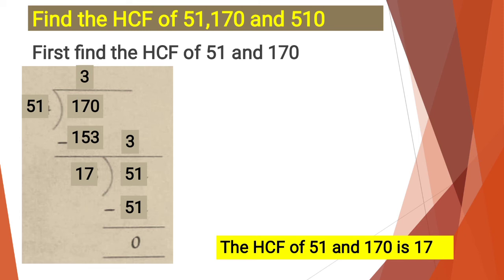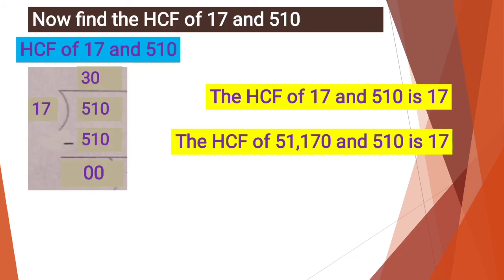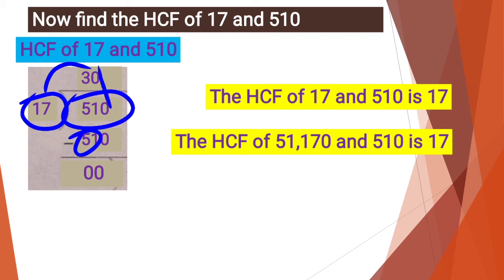Now we have to go to 510 with this HCF, the HCF of 51 and 170, which will divide 510. So I have written 510 here and 17, which is the HCF of the first two numbers. 17 ones are 17, 17 threes are 51, and this 0 will be as it is.